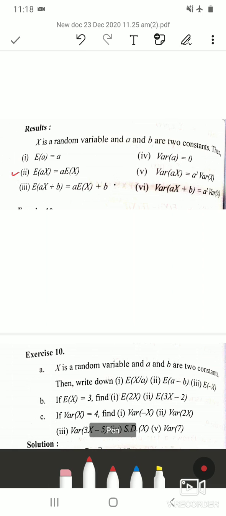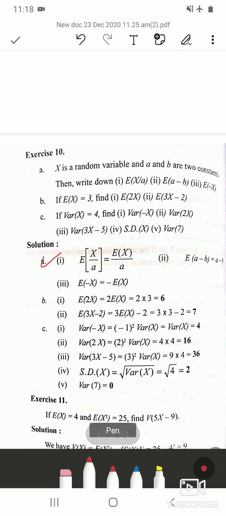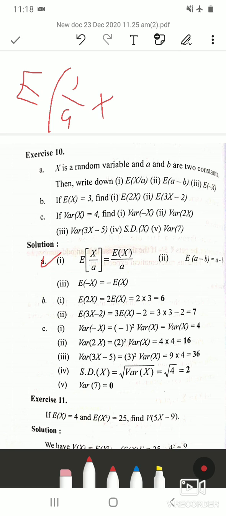So we know in the first result, and in the second result, that expectation of ax is a into expectation of x. Here we have the constant in the denominator. Therefore expectation of x by a would be expectation of x divided by a. That is of the form expectation of 1 by a into x.